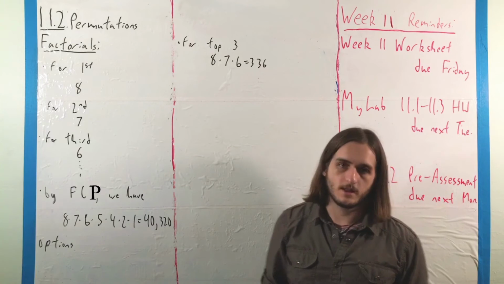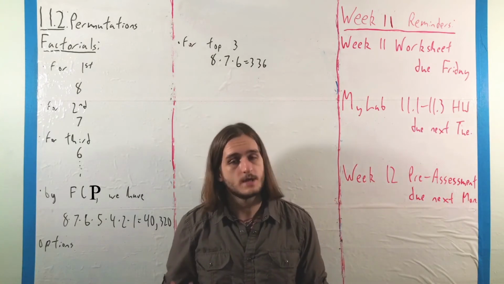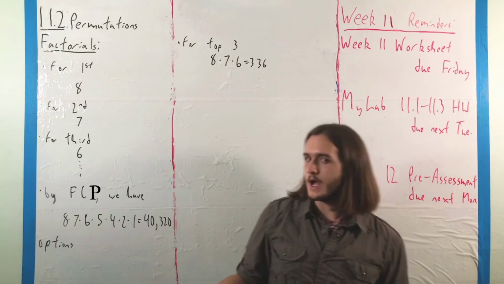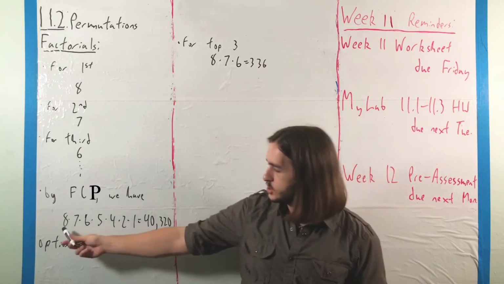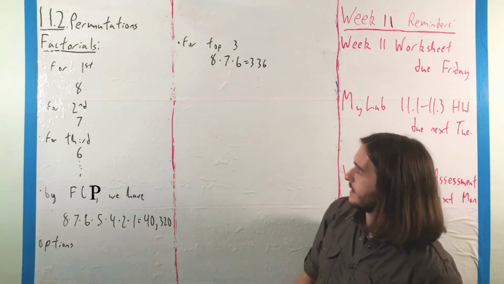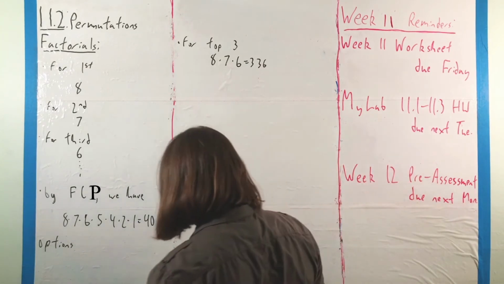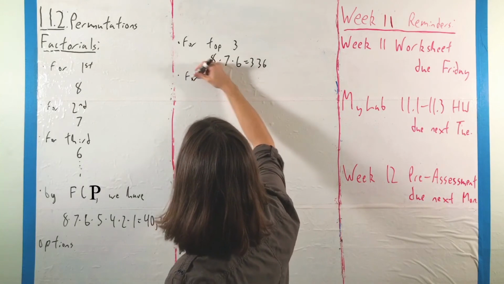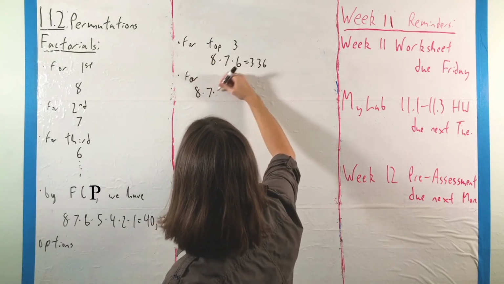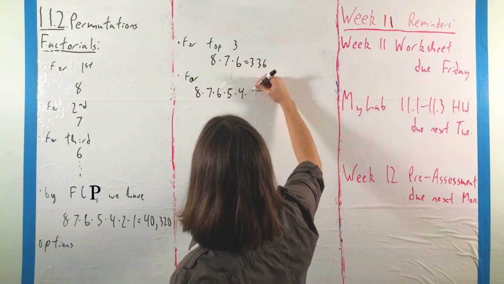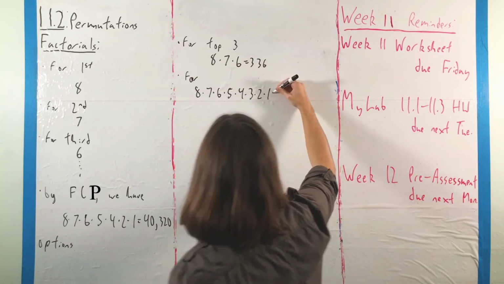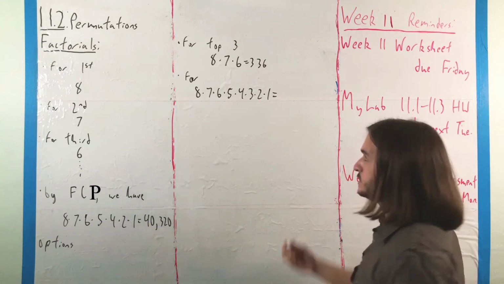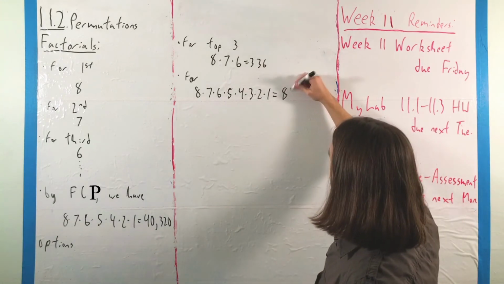So, in order to make our life a little bit easier, we actually have a nice notation for talking about things like this, for talking about what are called descending products, where we multiply each of these terms down the line, where what we can do is when we talk about that value 8 times 7 times 6 times 5 times 4 times 3 times 2 times 1, we can condense that whole thing down to 8 factorial.